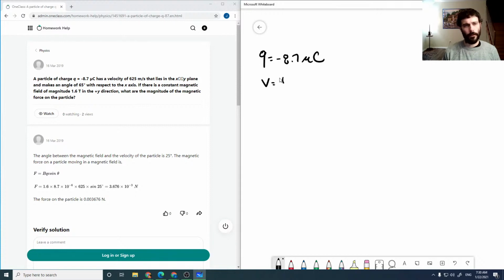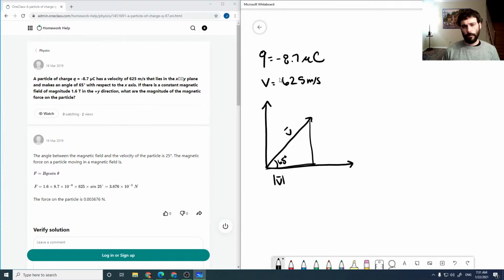It has a velocity of 625 meters per second, and it lies in the XY plane and makes an angle of 65 degrees. So there's my V vector, and there's V cosine of 65 and V sine of 65.